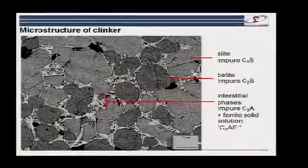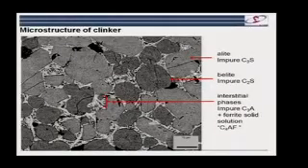So the four things we have, by far and away the most important is this one, C3S, or alite. If you only remember one, remember that one, because that's, as I said, 50 to 70% of the material, and that's the stuff that really is behind 90% of the reactions.